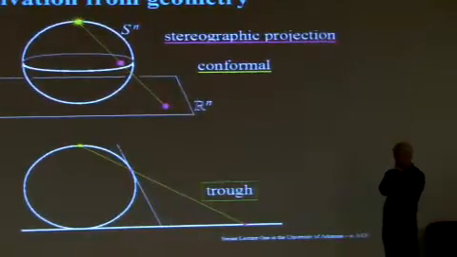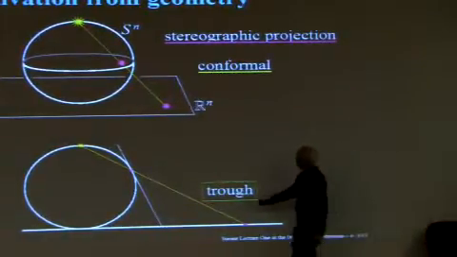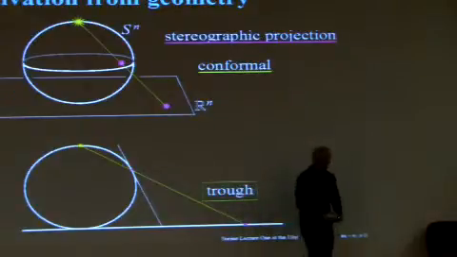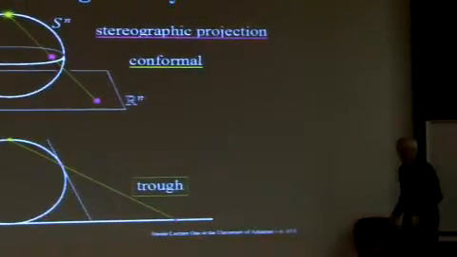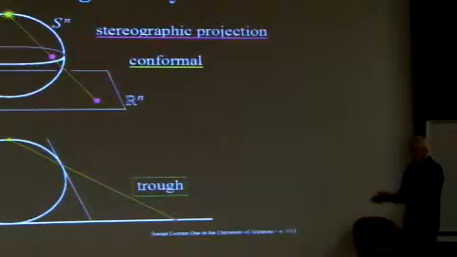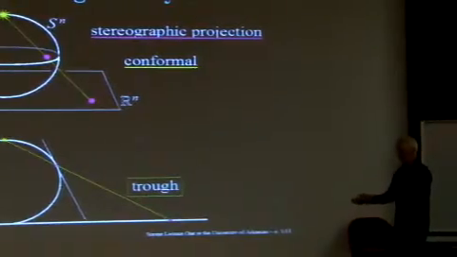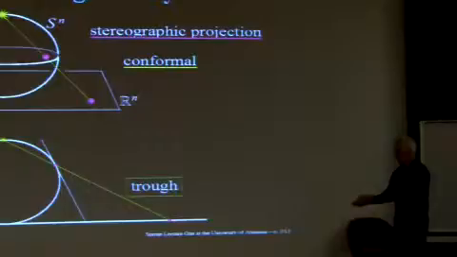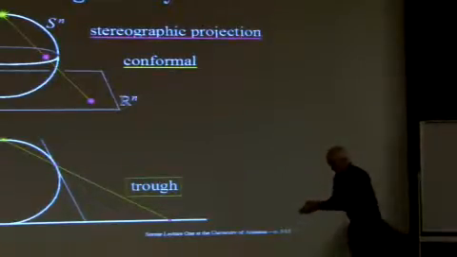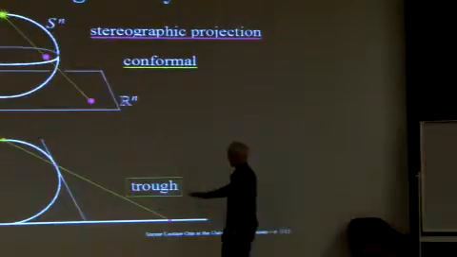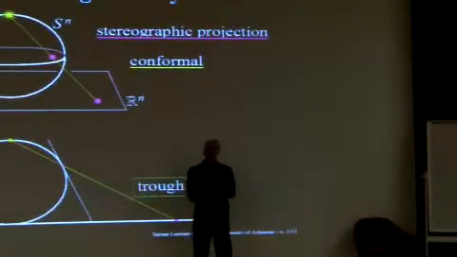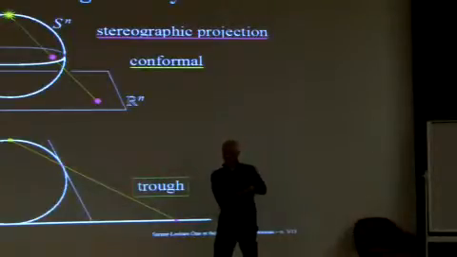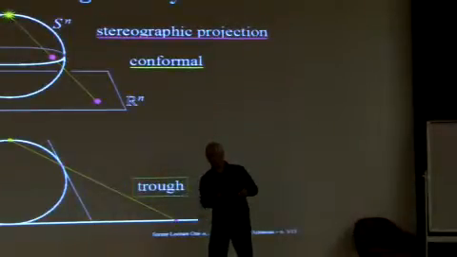And in order to think of how angles are transferred from one of these planes to the other, you should think of this yellow line here as the base of a trough. This is one thing that animals feed out of. So you're going to stand on the sphere and put a trough there. I don't know, there's probably a technical farming term for the line that goes along the bottom of the trough.